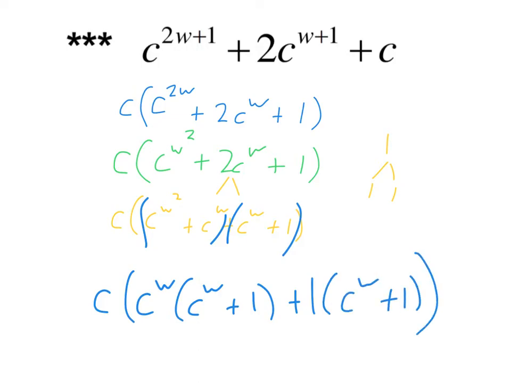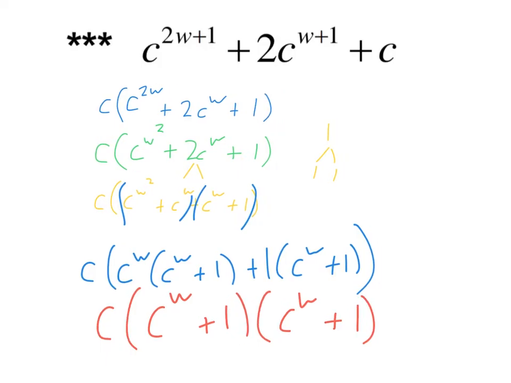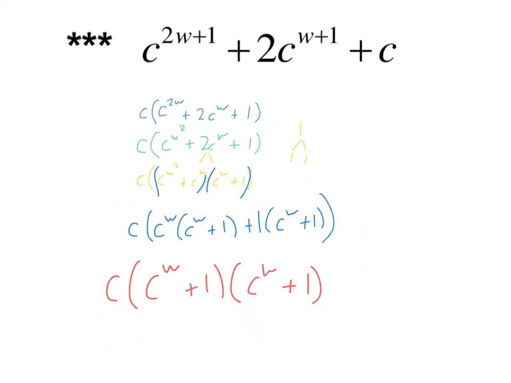Your parentheses match, which is good since we were grouping. So this factors to be c times what was in front of the parentheses, c to the w plus 1, times the matching parentheses, which was c to the w plus 1, which can be stated more simply as c times c to the w plus 1 squared.